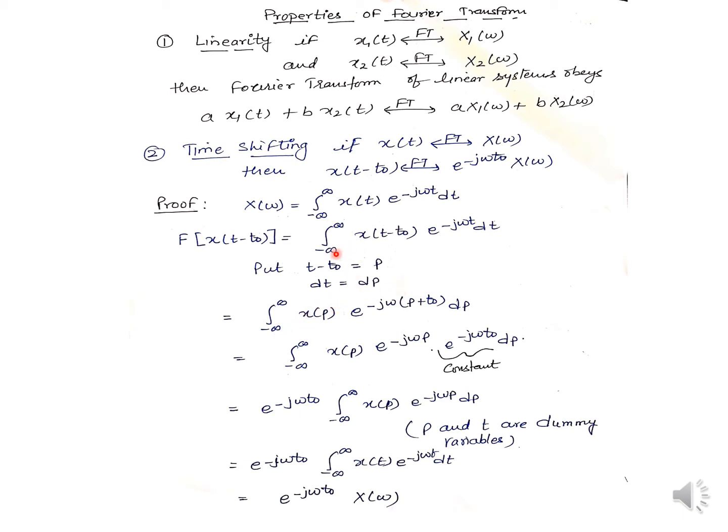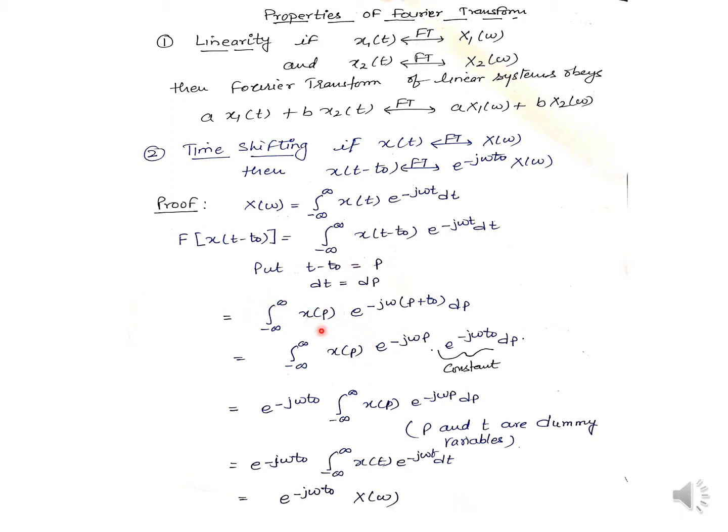and when you put the lower limit here, it will be minus infinity minus t naught. If you add something to or subtract from minus infinity, it will remain minus infinity. When you put the upper limit, it will be infinity minus t naught. Again, if you subtract something from infinity, it will again be infinity.